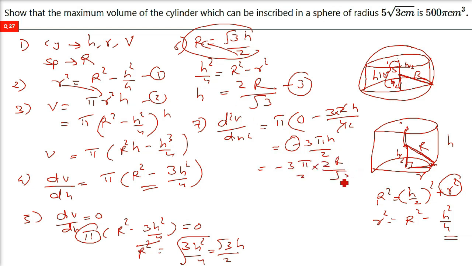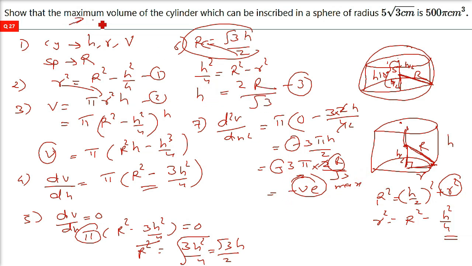So 2r by root 3 you can write in place of h, but you don't have to do that, because you know that it is negative, so you know that you're talking about maximum volume. So this is maximum volume; the sign indicates whether you are going to get the maximum or the minimum. We started with V, differentiated it, equated it to 0, then did the double differentiation and found the sign to be negative, which indicates a maximum.